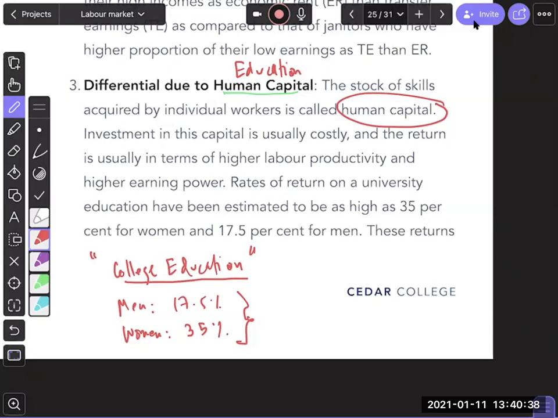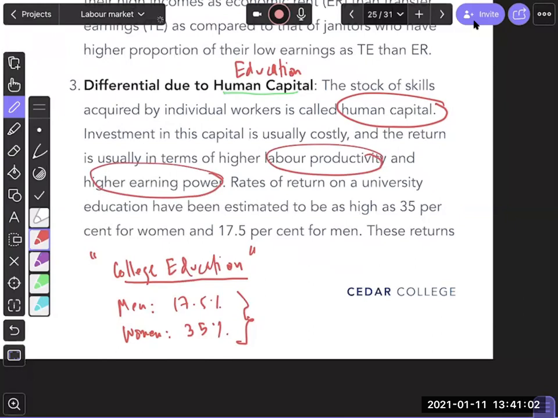The answer is that your return is higher labor productivity, hopefully, and higher earning power for the rest of your life. And that's why it is sometimes a likely investment for everyone to make. So what we're trying to say here is that returns to education are much higher, and people are paid differently because of education or human capital.